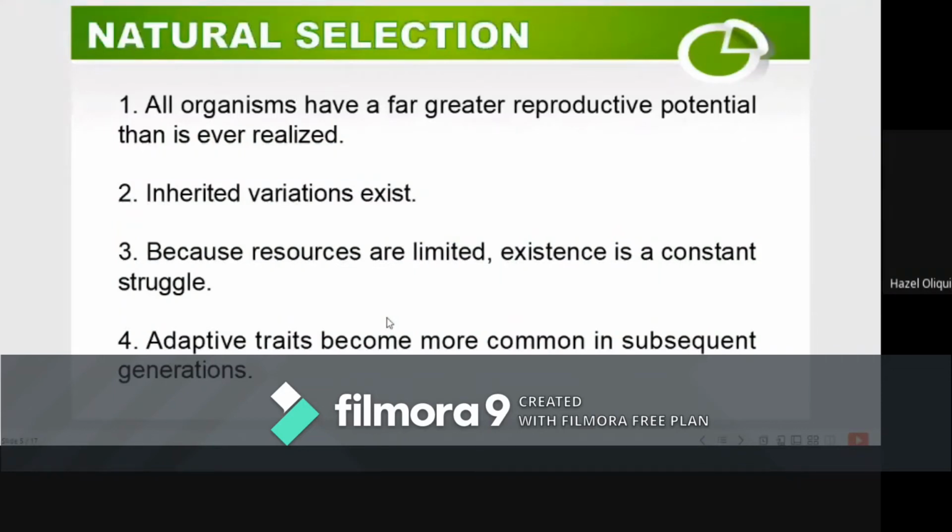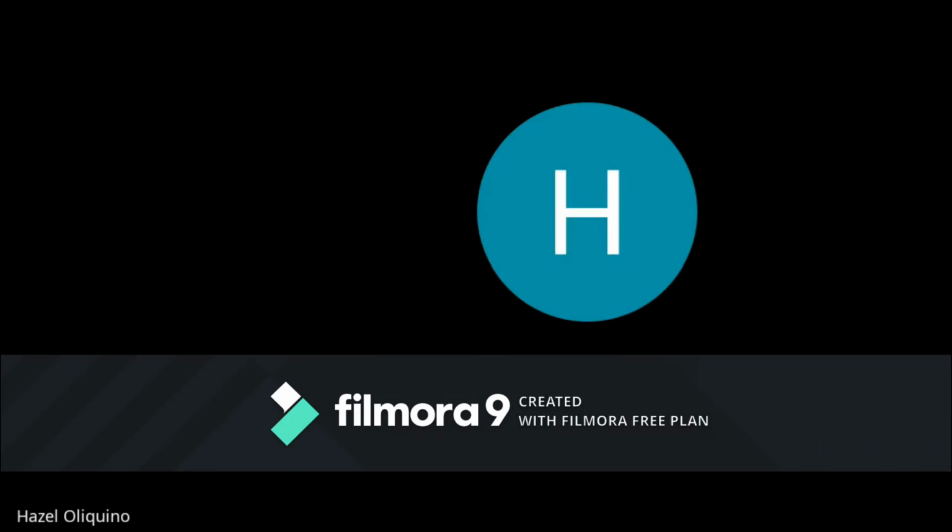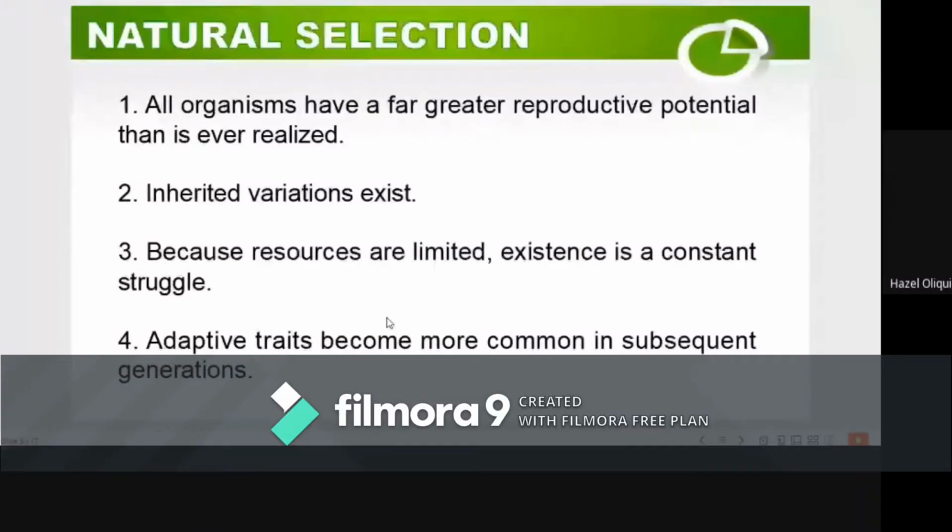Second, inherited variations exist. They arise from a variety of sources, including mutation, genetic recombination, and random fertilization. Seldom are any two individuals exactly alike. Some of these genetic variations may confer an advantage to the individual possessing them, making them beneficial.